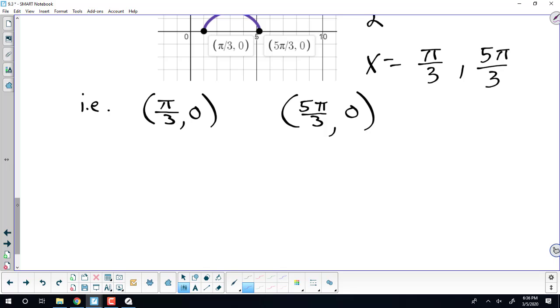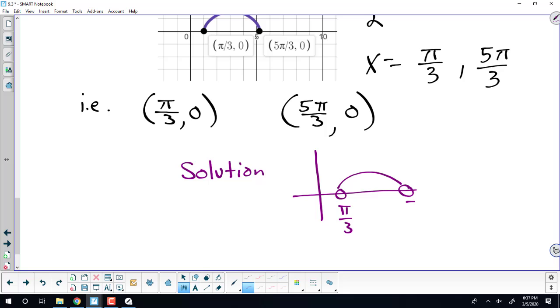We know that these are holes, so our graphical solution would be this thing. That's at pi over 3, and this is 5 pi over 3.